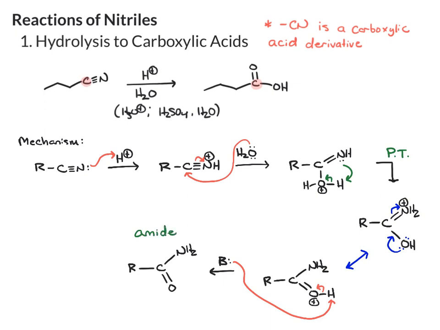So this is a starting point. What happens from here is a mechanism we're going to learn in the next chapter. If you take an amide in the presence of acid and water, that will undergo an amide hydrolysis.